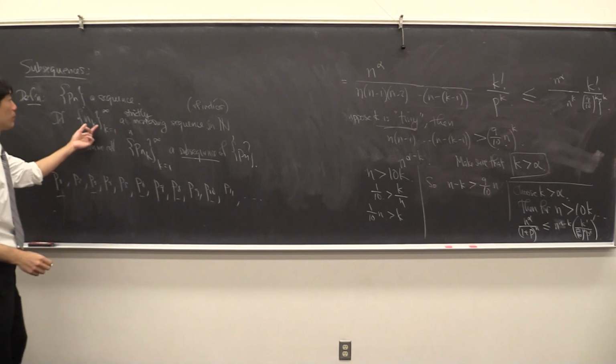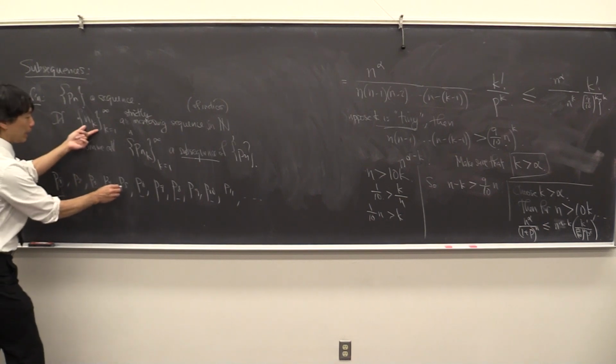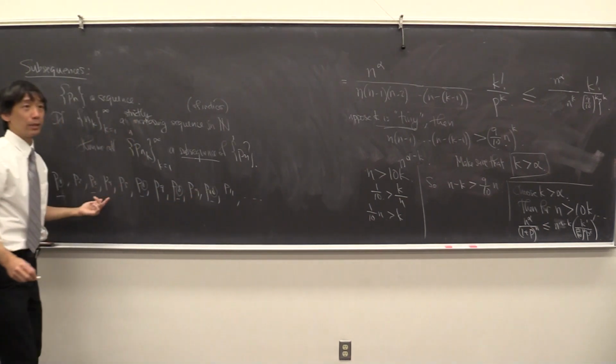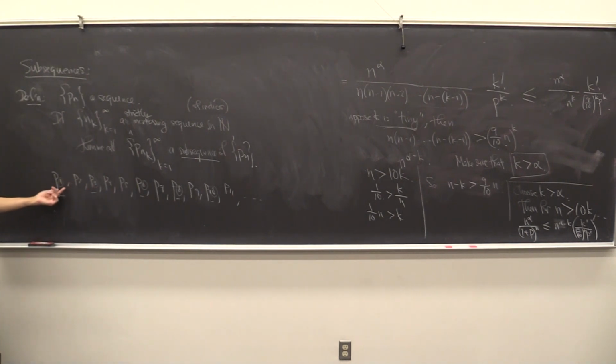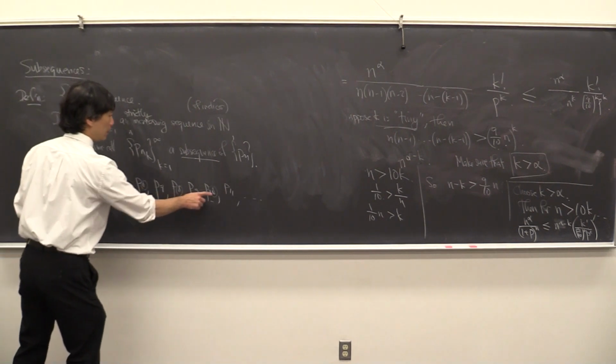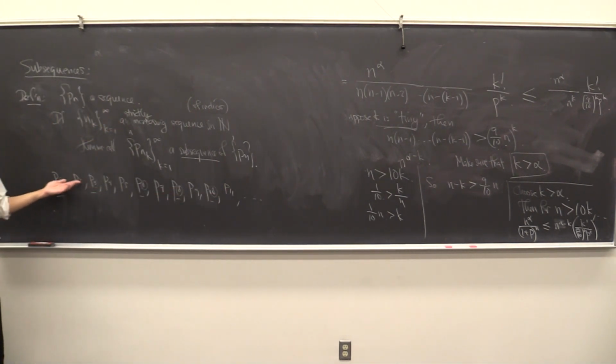All it's talking about is that this n sub k is referring to these selected indices on the way up, right? This sequence here, 1, 3, 6, 8, 10, et cetera, specifies a subsequence of the original sequence. Okay.